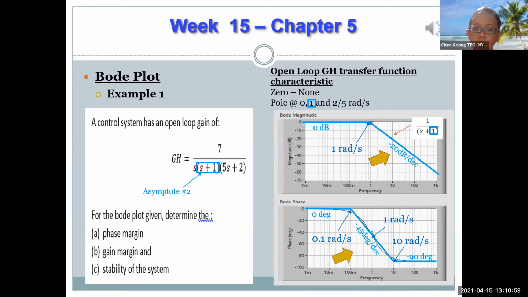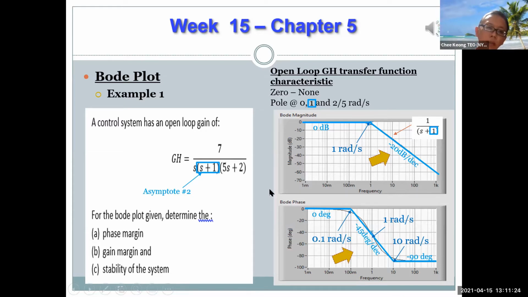For the phase plot, again using form 5 of the phase plot, the response will be flat at 0 degree from minus infinity till 0.1 radian per second. Thereafter, it will slope down at minus 45 degrees per decade, and when it reaches 10 radian per second it will flatten at minus 90 degrees till infinity.